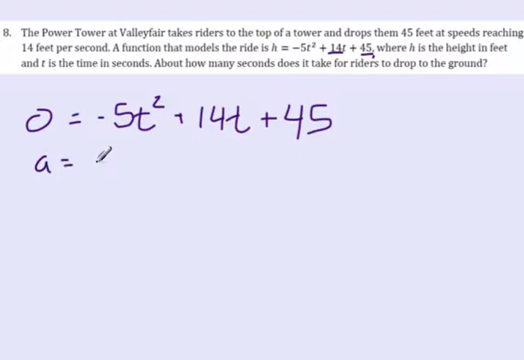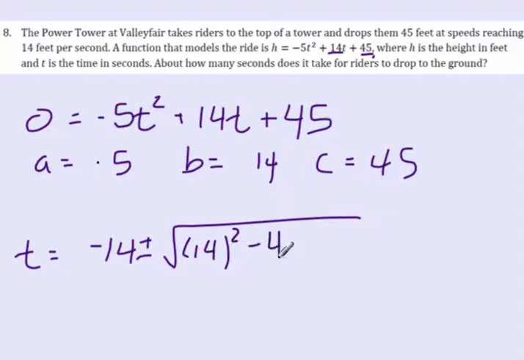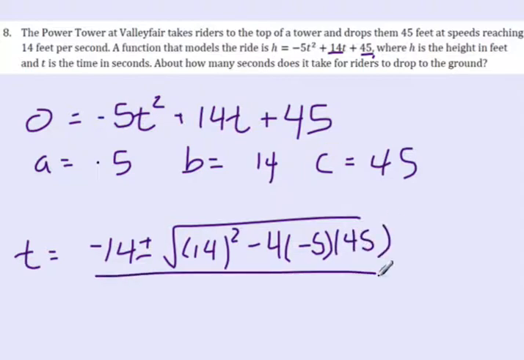So my a is negative 5, my b is 14, and my c is 45. So I'm going to plug that into the quadratic formula. So I get opposite of b plus or minus the square root of b squared minus 4 times a times c, all of that over 2 times a.